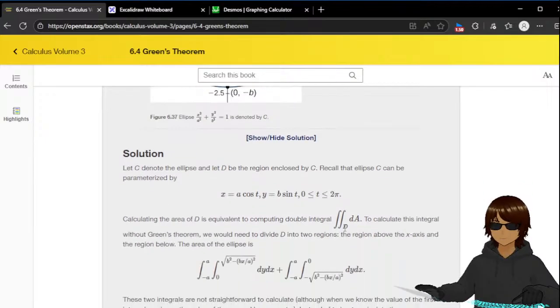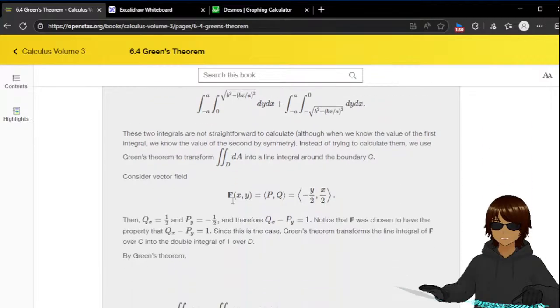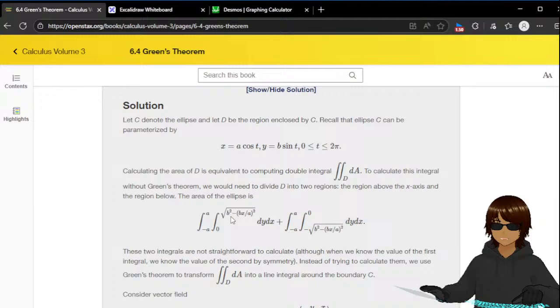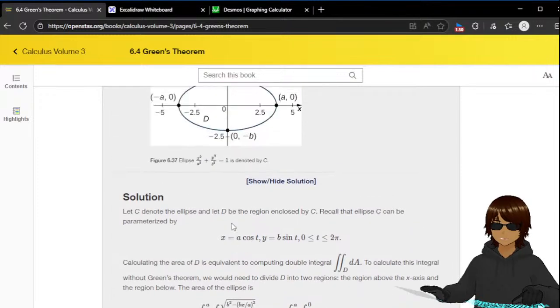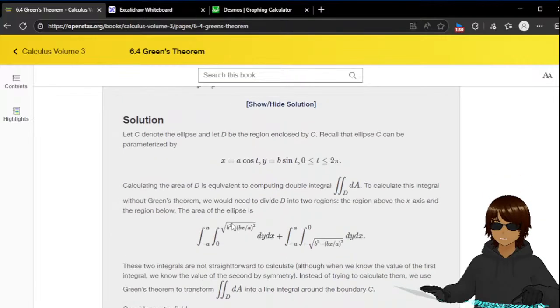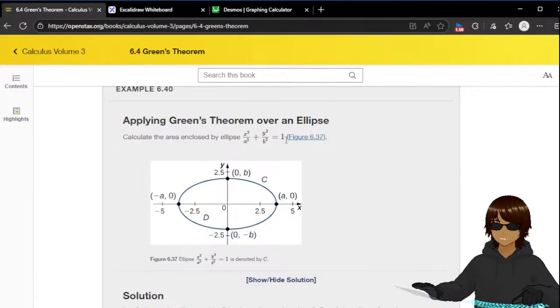Oh no, this function inside is like the third dimension, right? It's what z is. So we just make z equal to 1. So from 0 to this, dy, 1 minus x squared over a squared.